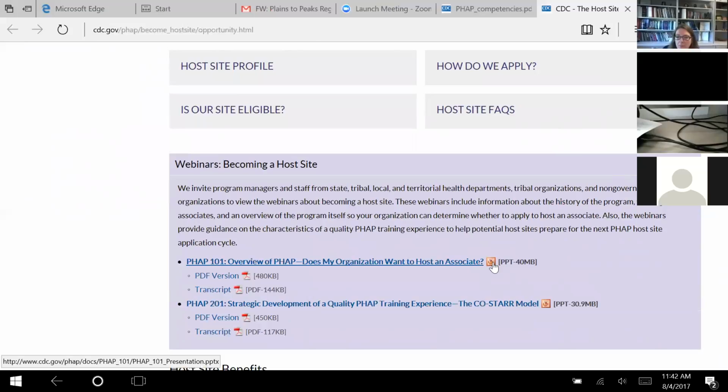This first one is just a general overview. The CoStar model does go into more specifics, but they use a lot of HIV and TB and infectious disease examples, which I didn't find helpful. And so that's why I tried to tweak them so that it made more sense to you guys.